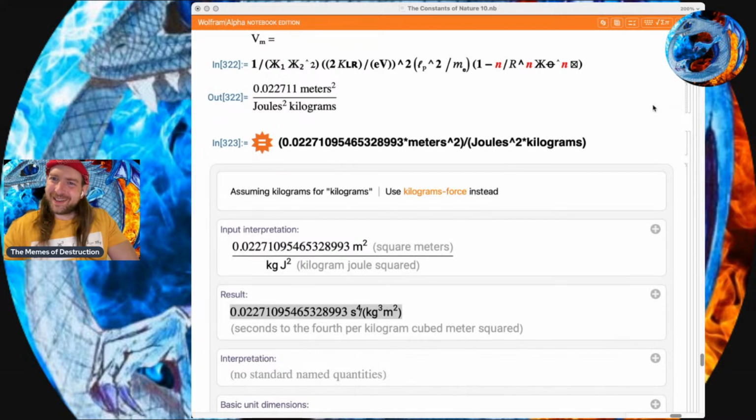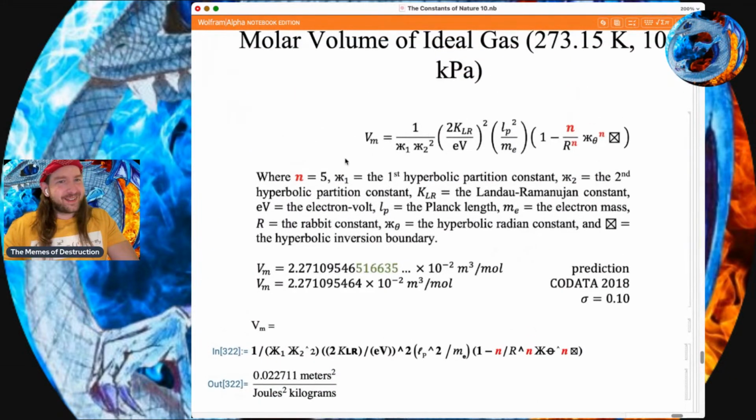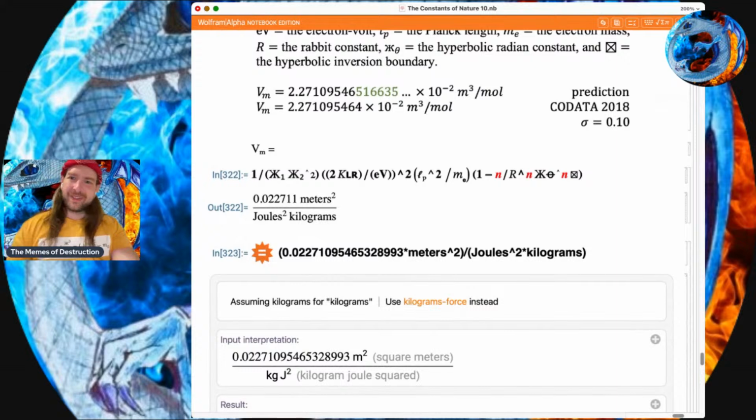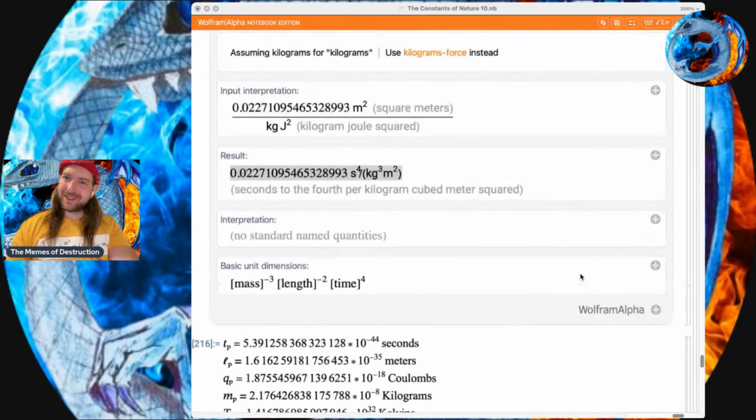How do we get this to... What's the expression actually say? It's 2 meters per mole. Hold on. If we take these dimensions, time 4, mass 3, okay.